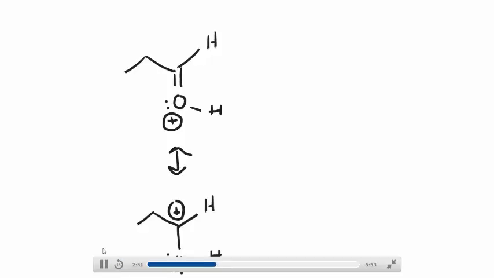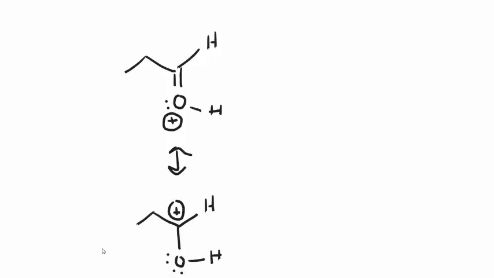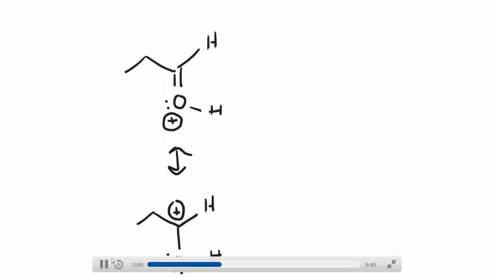Now the resonance structure on top is the predominant resonance structure because everyone's got an octet of electrons there. The one on the bottom, the carbonyl carbon, does not have an octet, so it is a minor contributor to resonance. But it is a contributor.